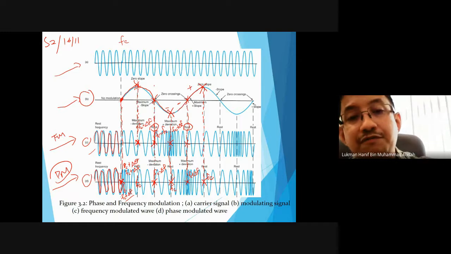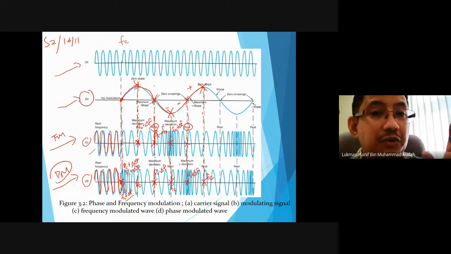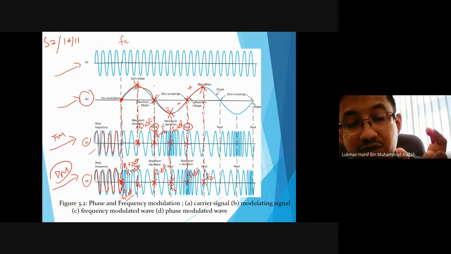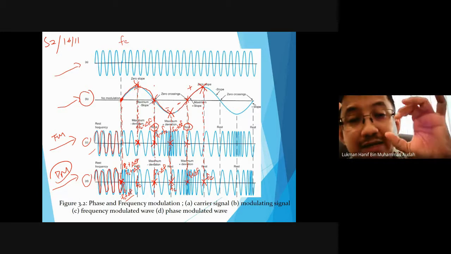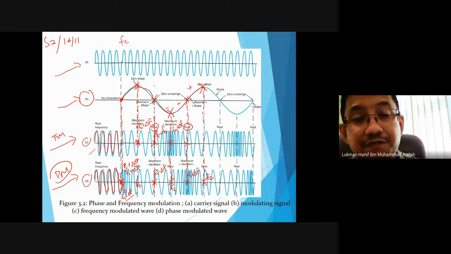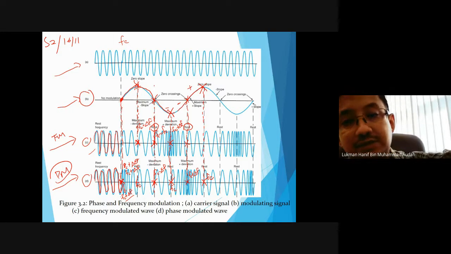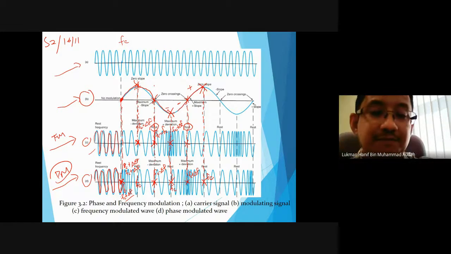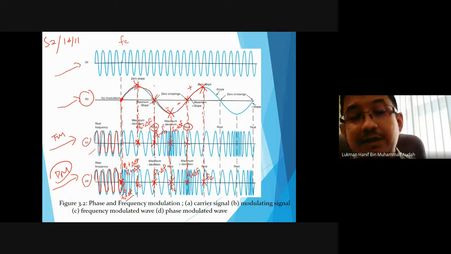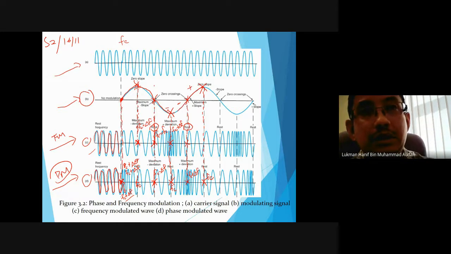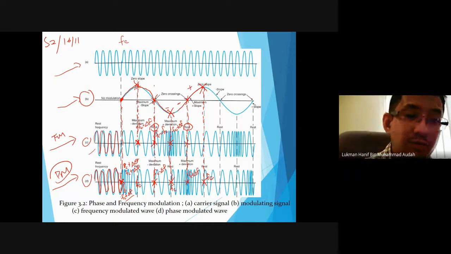negative peak of VMT. Untuk FM frequency modulation wave, perubahan yang ketara adalah berlaku pada ketika VMT berada di puncak positif atau puncak negatif. So, saya ulang balik.